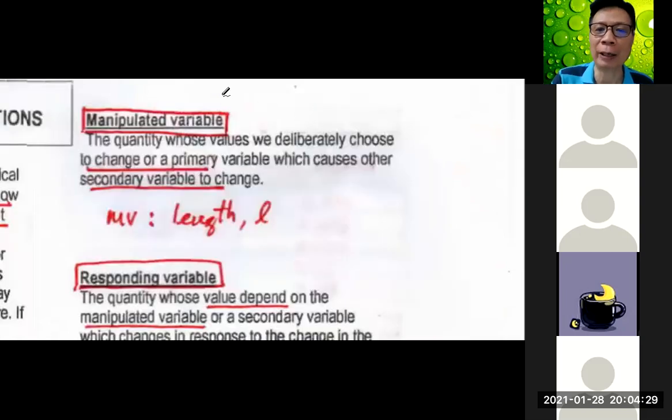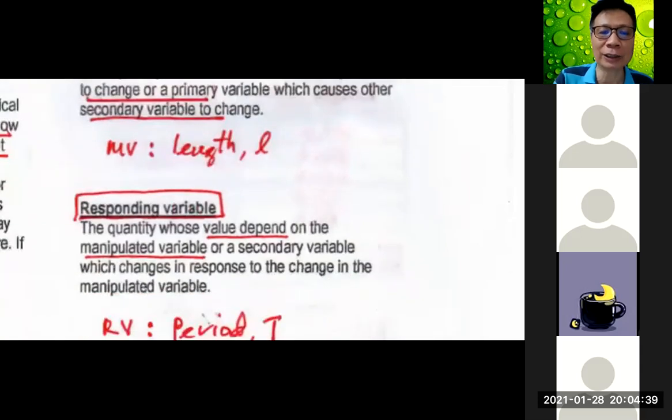Manipulated variable, you manipulate. In this experiment, roughly this is how you do it. In your first experiment, you take the thread, let's say 40 cm. You swing it like a swing, then you take the time. After that, you make it 50 cm, then you swing and see what the time is.